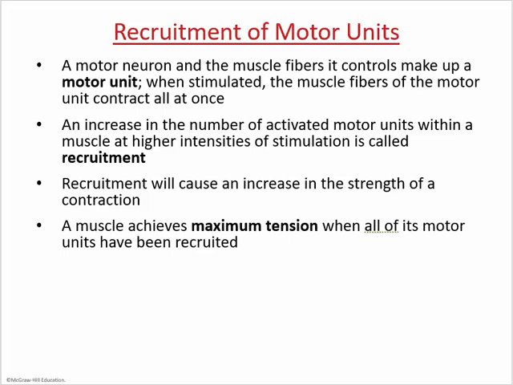Now, motor units can be very large, hundreds of fibers, all firing in unison. Because when the motor neuron fires, all the fibers that it controls contract. If the number of fibers is very small, it's going to be a weak motor unit.